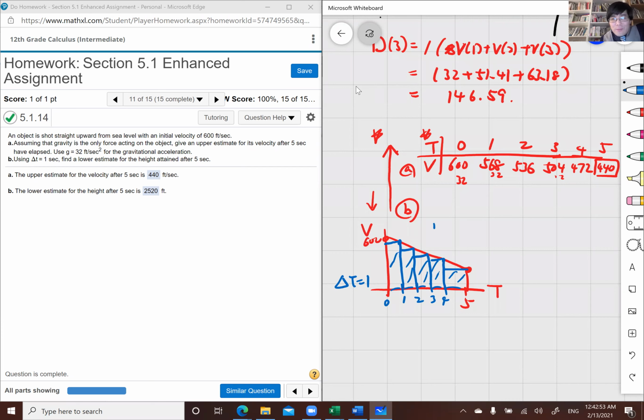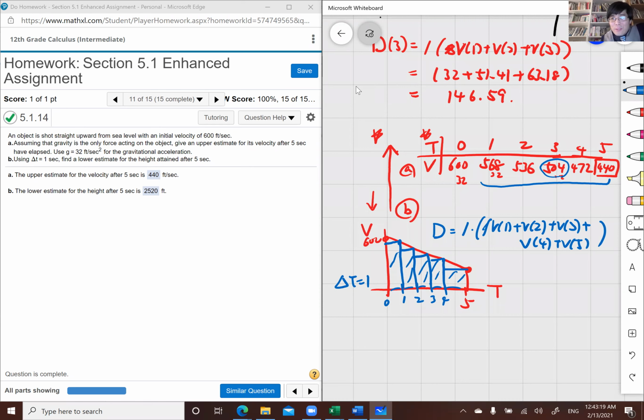So the distance traveled, the lower sum, will be width times height, which is the velocity at time 1, 2, 3, 4, and 5. I have to find this sum, which is the same as the average of these numbers times 5, because this is linearly decreasing.